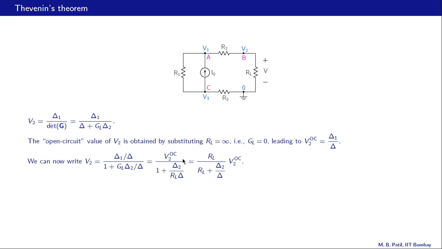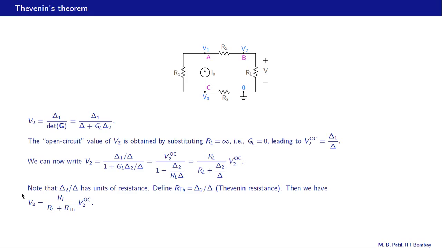So we replace that with V2 OC, and that gets divided by 1 plus delta 2 over RL times delta. Here we have used the fact that GL is 1 over RL. And now let us multiply both numerator and denominator by RL to get RL divided by RL plus delta 2 over delta times V2 OC.